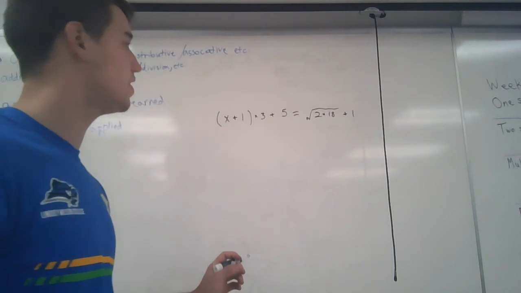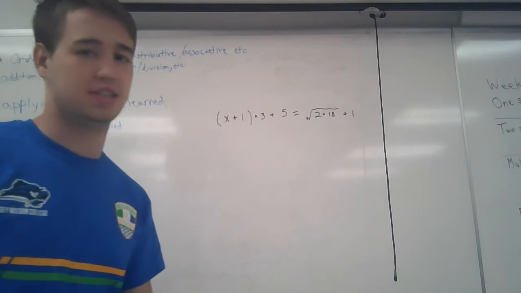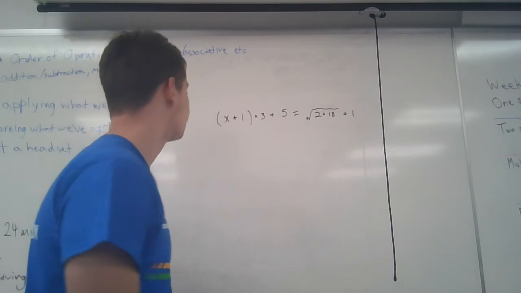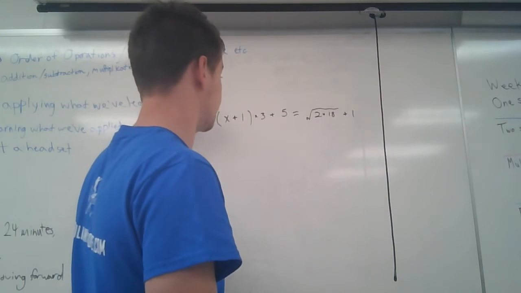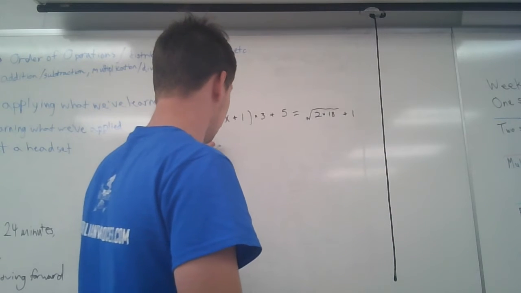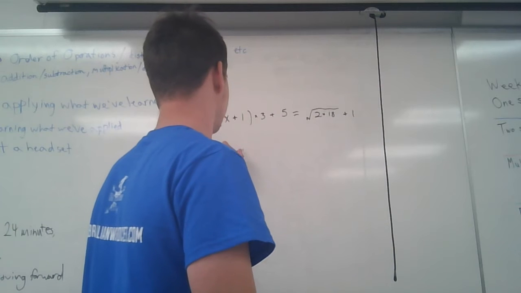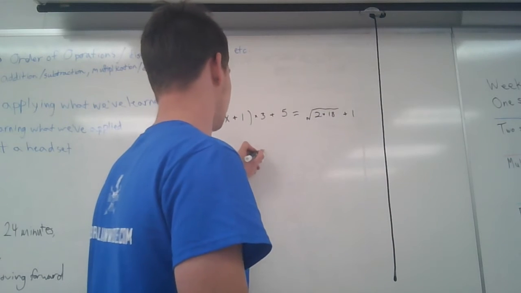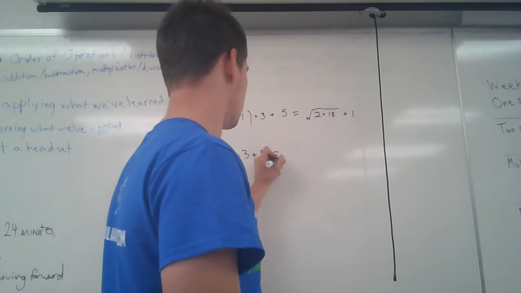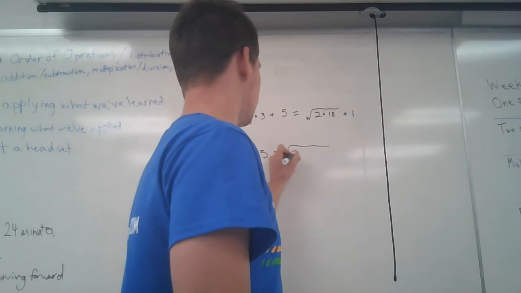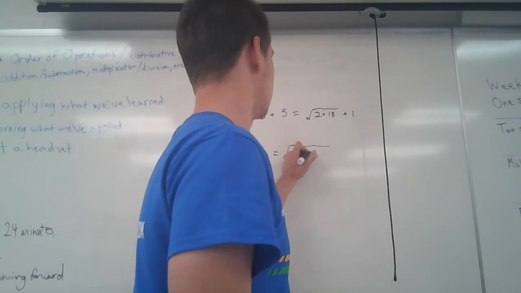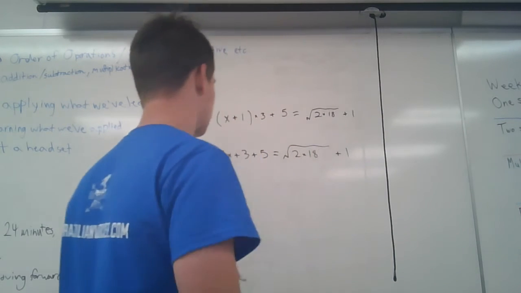The first thing we need to do is get the expression in English terms. We need to use the distributive property to show that this equals 3x plus 3 plus 5 equals the square root of 2 times 18 plus 1.